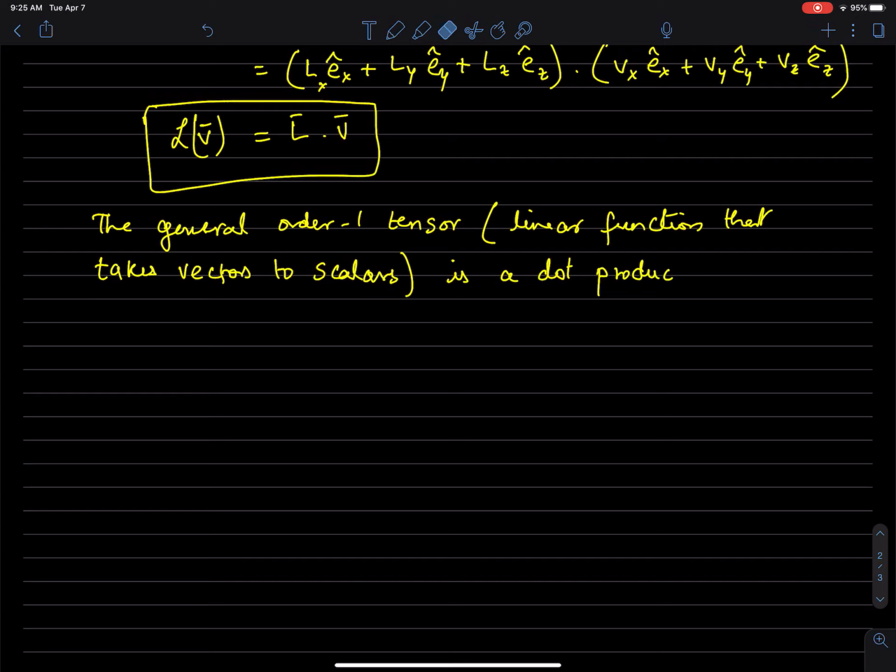Okay, so that's an important lesson. Now let's look at order 2 tensors, which have vector inputs and vector outputs. Okay, we shall do that in the next little video.